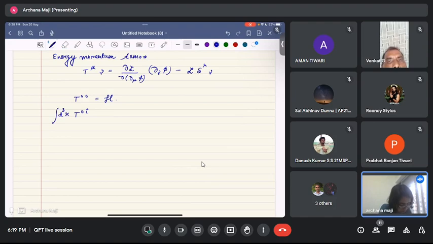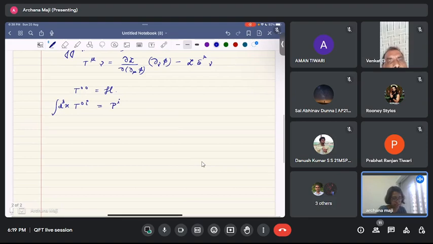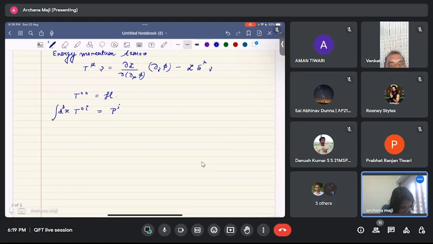So the integral of T0i should give us the momentum operator along the ith direction. What we will do today is find this momentum operator for the Klein-Gordon field. So let us do that.